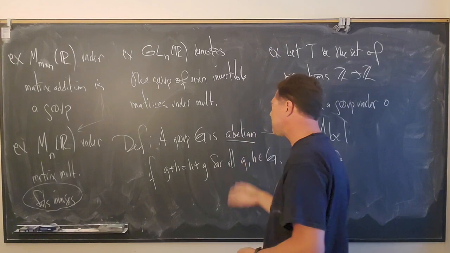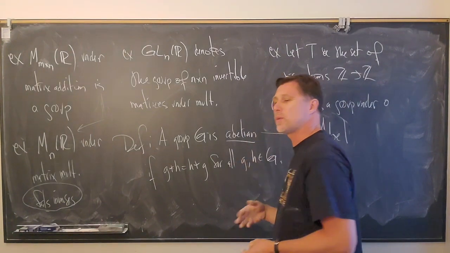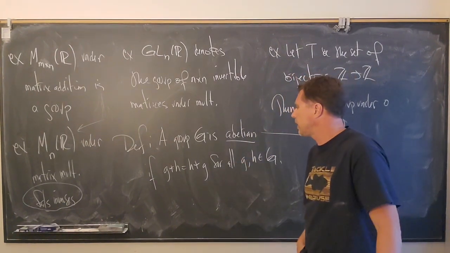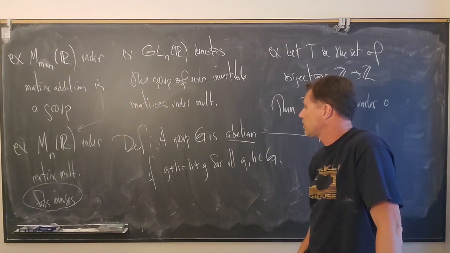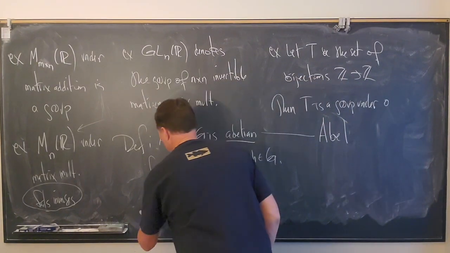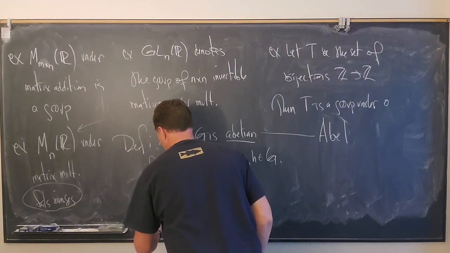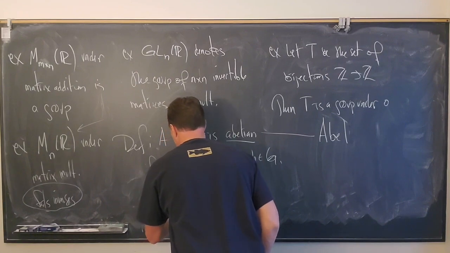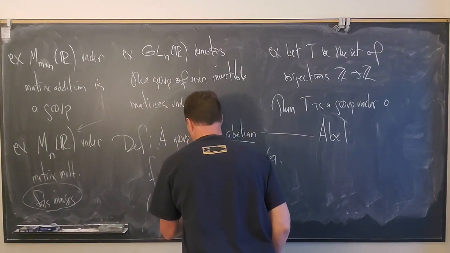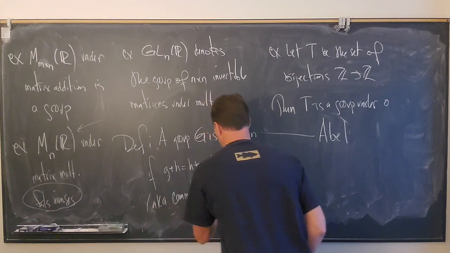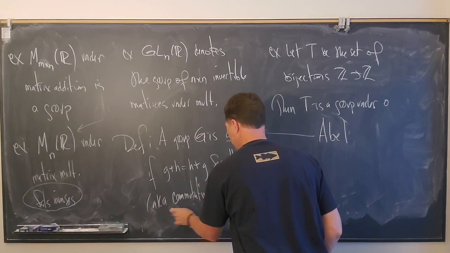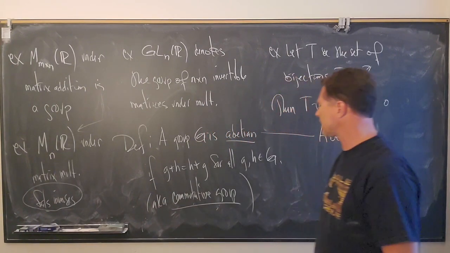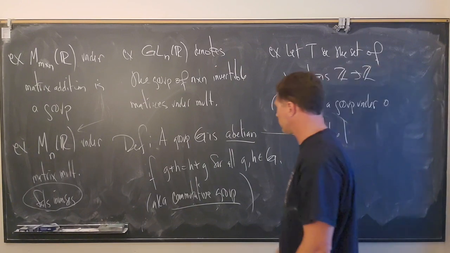Sometimes people will say commutative group, but really abelian is the standard terminology. So I guess I could say also known as commutative group. But abelian is definitely the more standard terminology when you're working with groups.